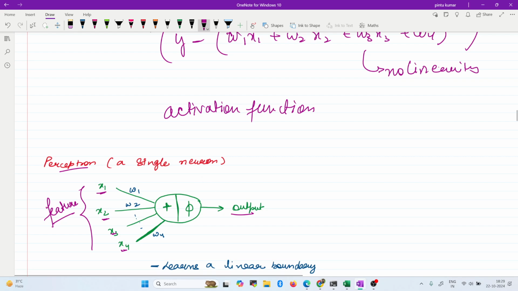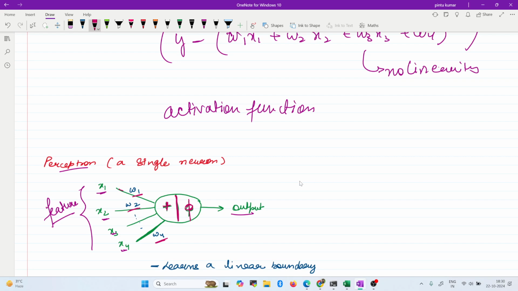Also, every branch that you see, a line going from x1 to this circle, every branch will have a weight. So W1, W2, W3, W4. And when this data goes inside this circle, it has two operations. One is sum, and then some nonlinear activation.